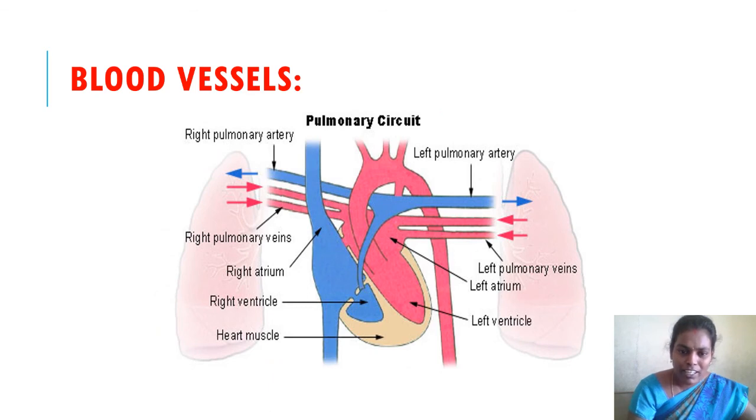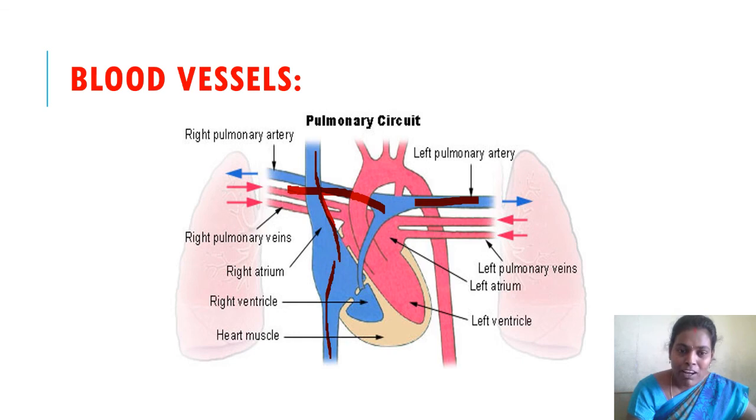Look here, it is very clear how the blood vessels are connected to each and every part of the heart and the lungs. The right auricle receives the superior vena cava and inferior vena cava, and from the right ventricle arises the pulmonary artery.